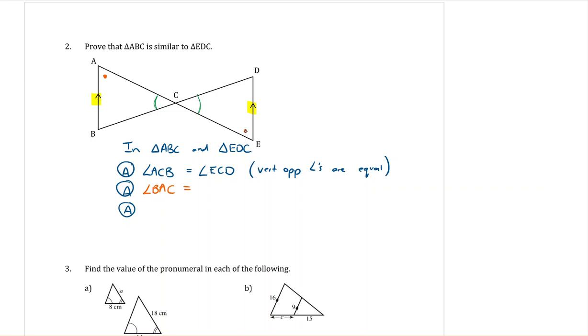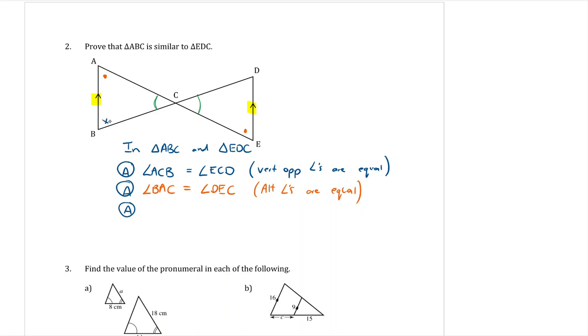That one in there. What reason? Alternate. Very good. That's where the parallel lines are important. So the Z shape going across those parallel lines means alternate angles. So alt angles are equal.